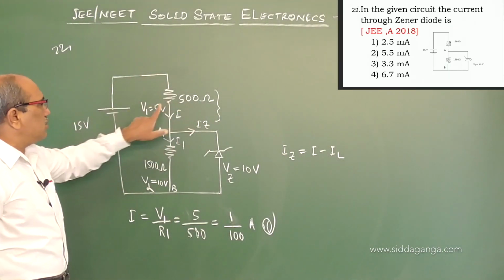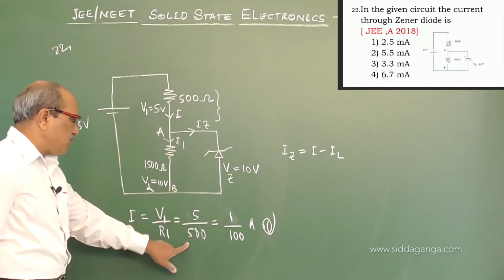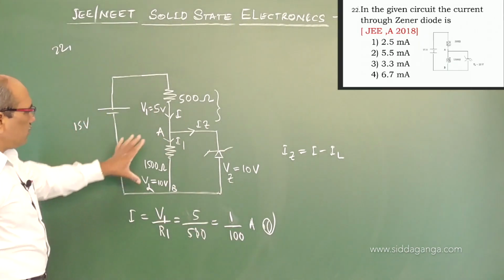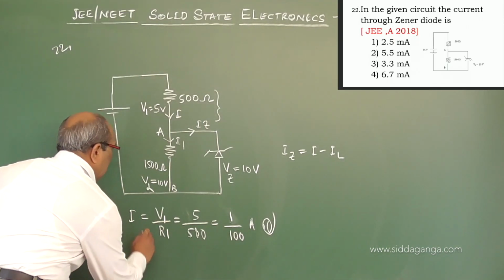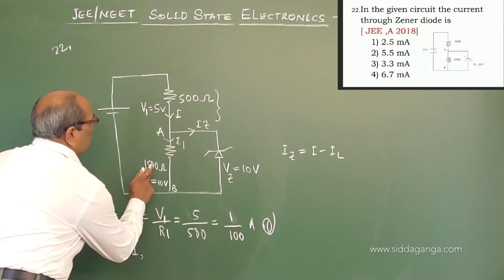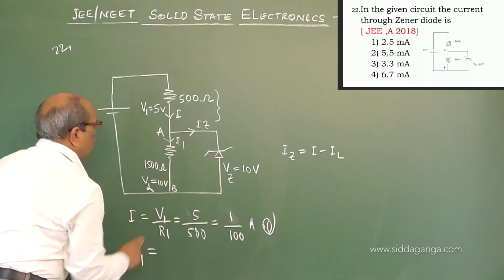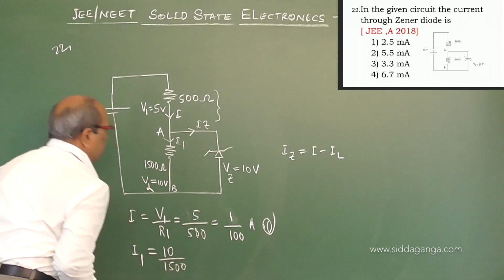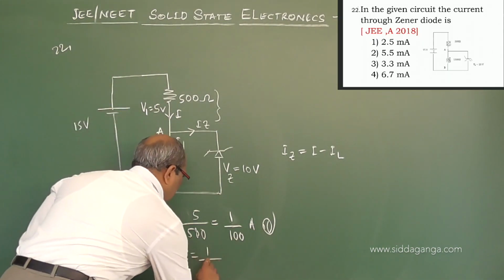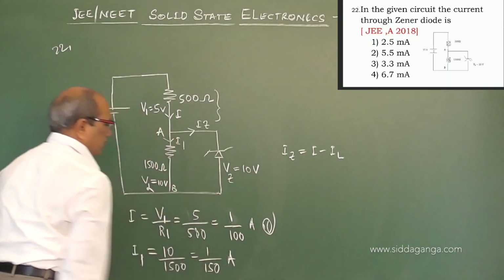This is the resistance, this is the voltage. Similarly, for the other branch, voltage is known, resistance is known. I1 is equal to the voltage of 10 volt divided by 1500, which is equal to 1 by 150 ampere.